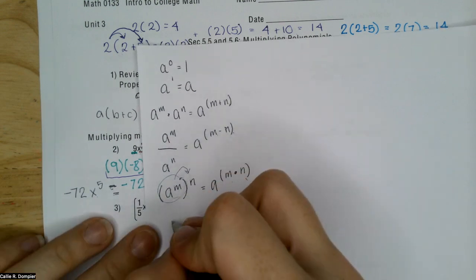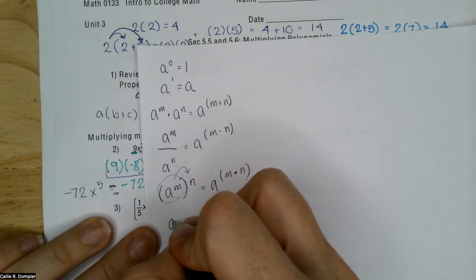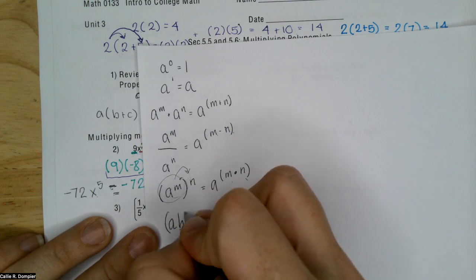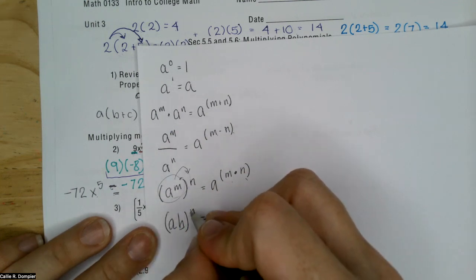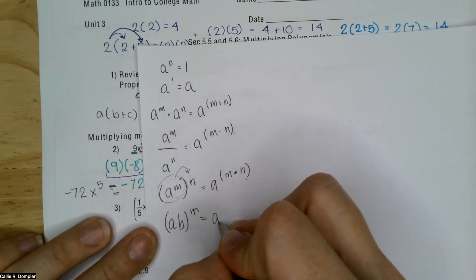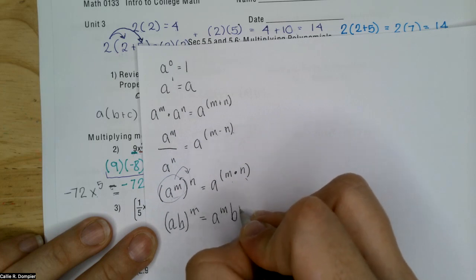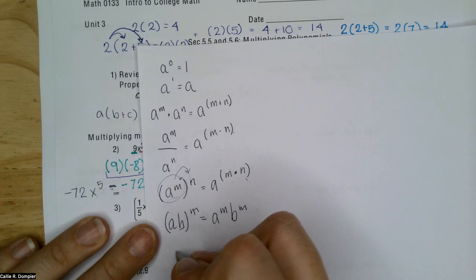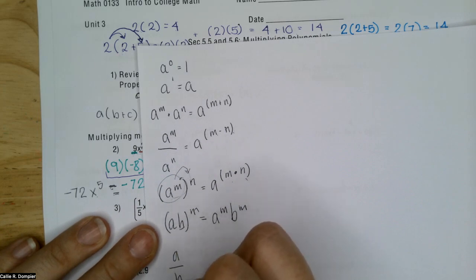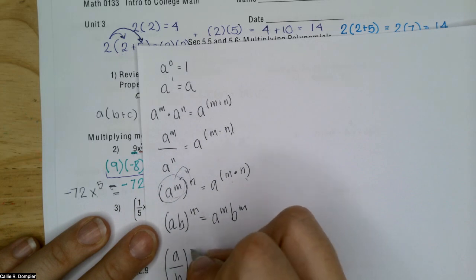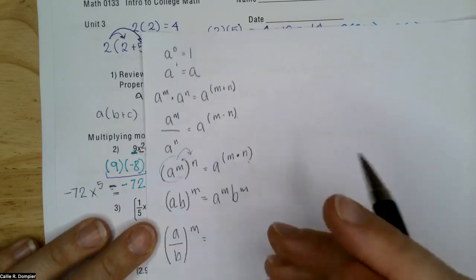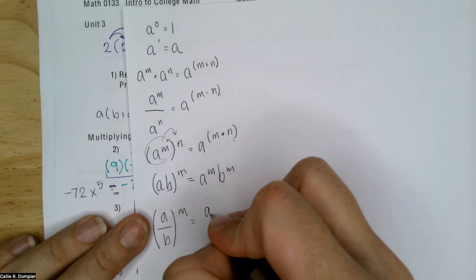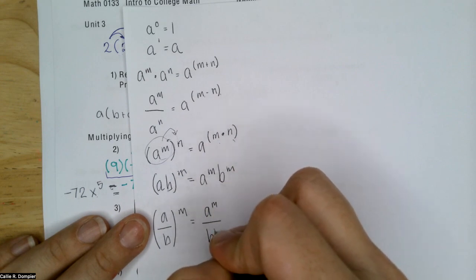Power of a product would be a times b to the power of m equals a to the power of m times b to the power of m. And then the product rule would, or sorry, the quotient rule, power of a quotient rule, a divided by b to the power of m is equal to a to the power of m divided by b to the power of m.